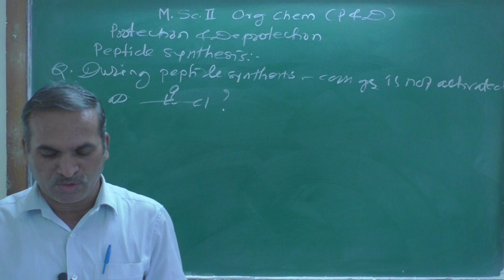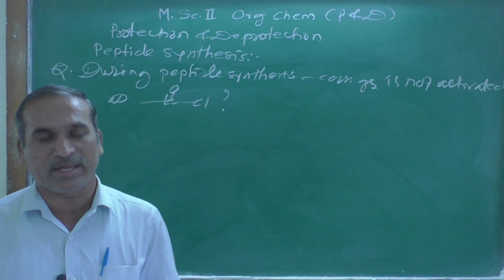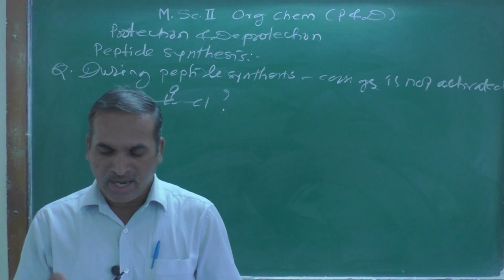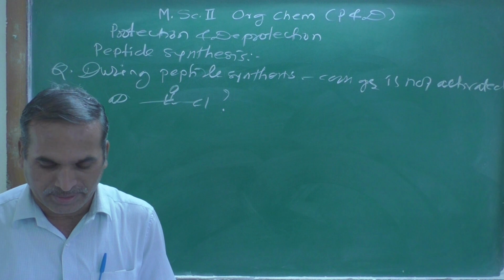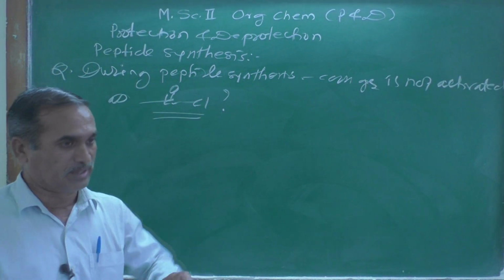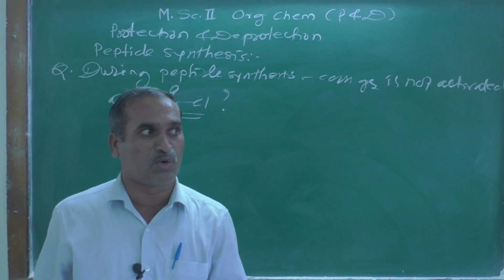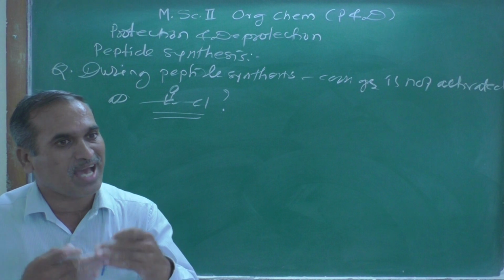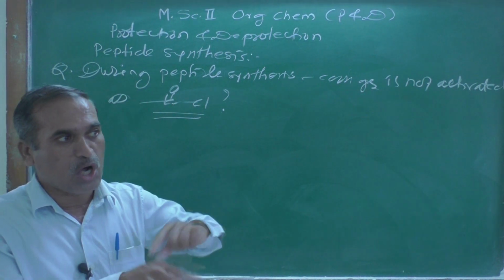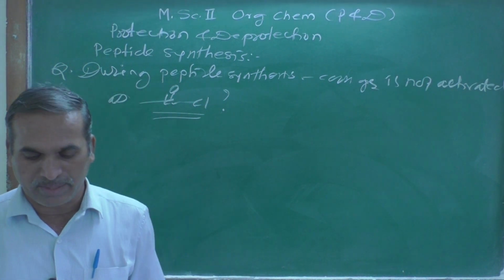You remember, C double bond O Cl is highly reactive and should not be activated as acyl chloride. That is one of the reasons you should not convert that carboxylic group into C double bond O Cl, because it is highly active in nature. Just now we have seen how the anhydride gets formed there.